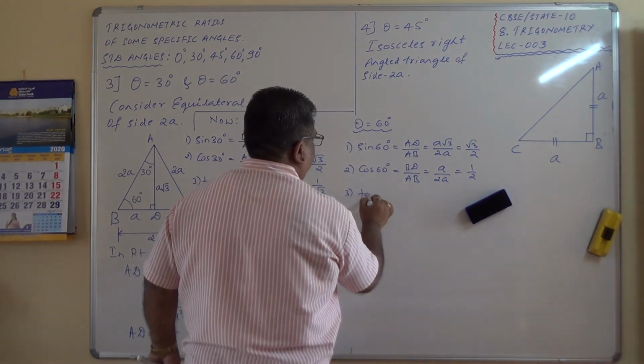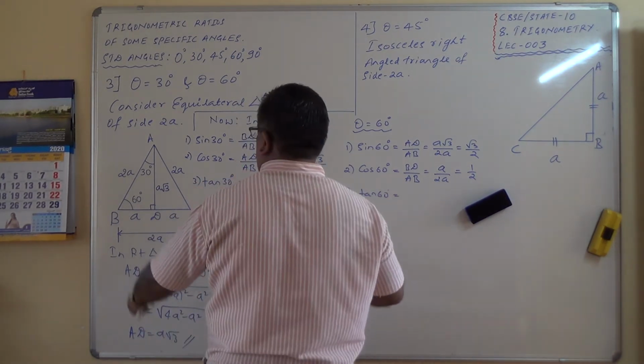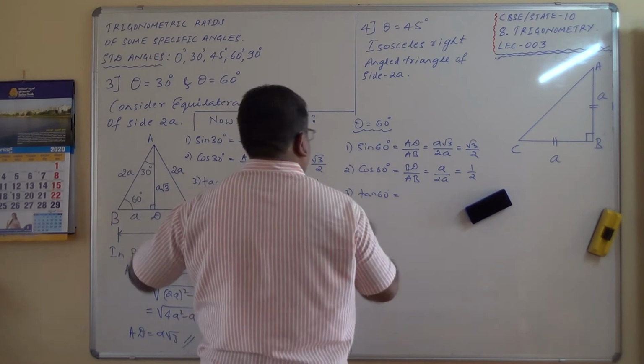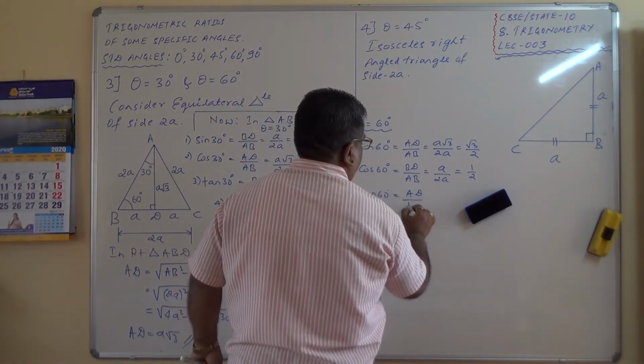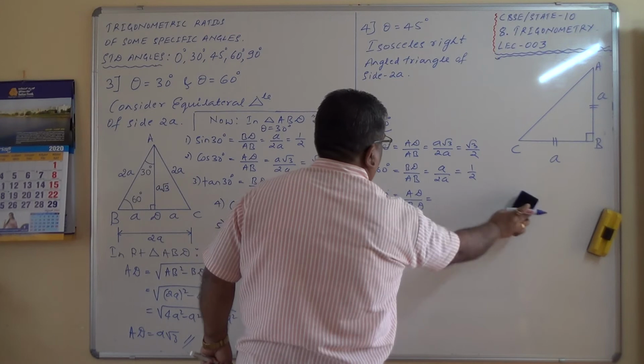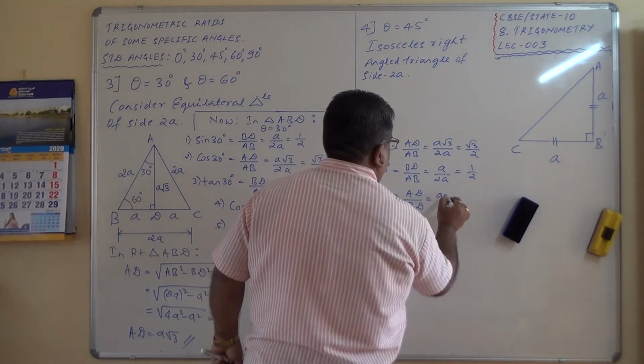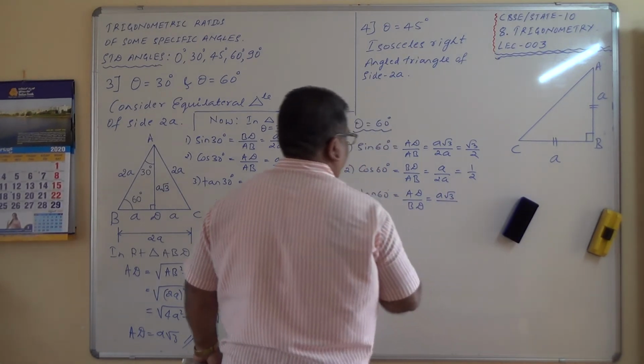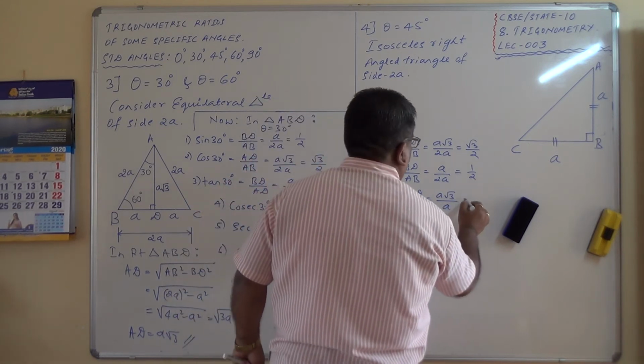Third, tan 60 equals AD by BD, which is A times root 3 divided by A, which is root 3.